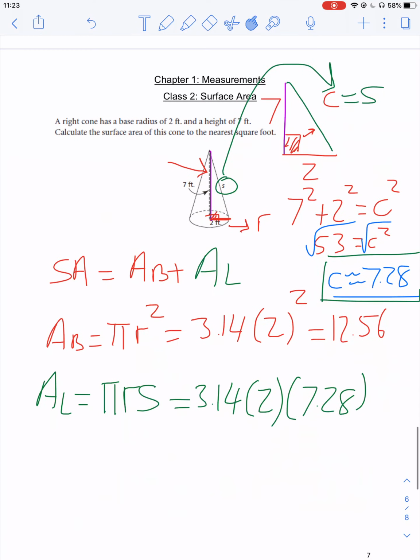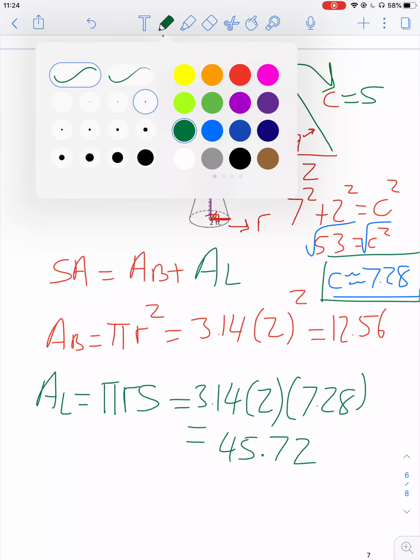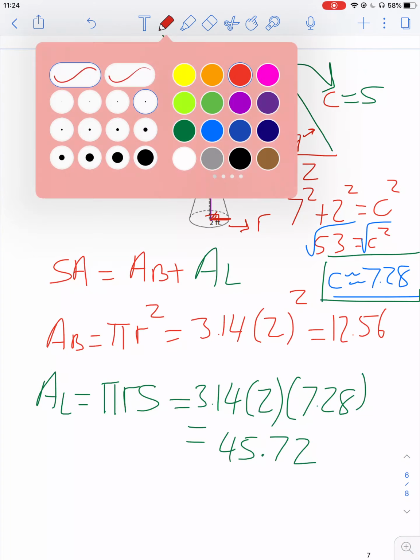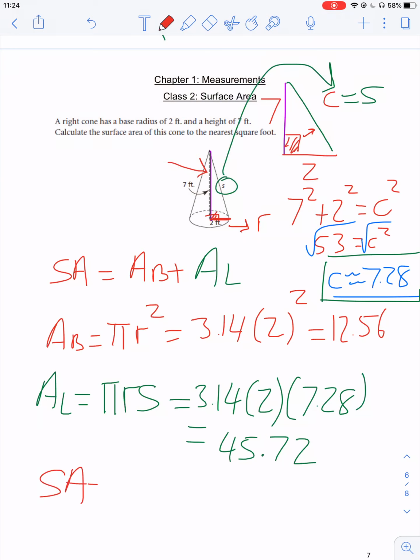If you multiply this out, 3.14 times 2 times 7.28 gives me close to 45.72. Again, I'm rounding to 2 decimal places; if you're rounding to 1 decimal place, that's also fine. But I'm not done, because what I have right now is just my lateral area. What I'm interested in is the surface area, so I have to add the two.